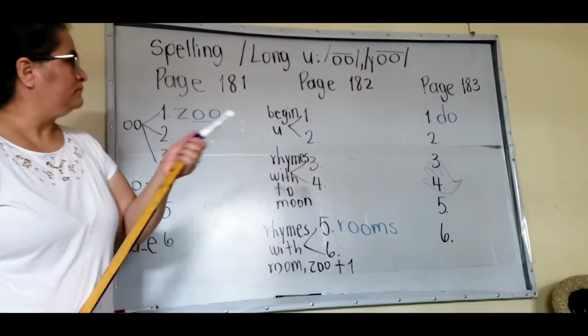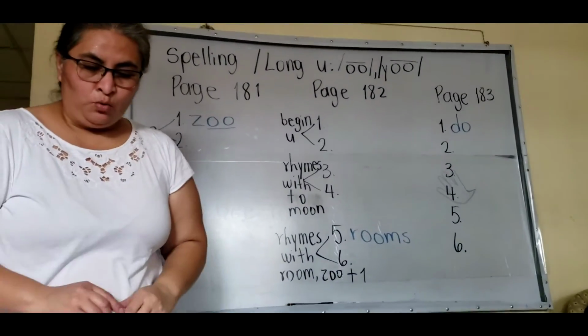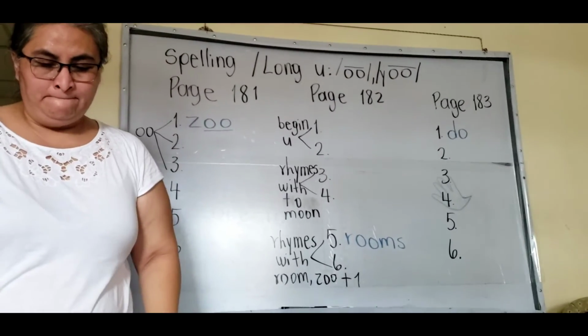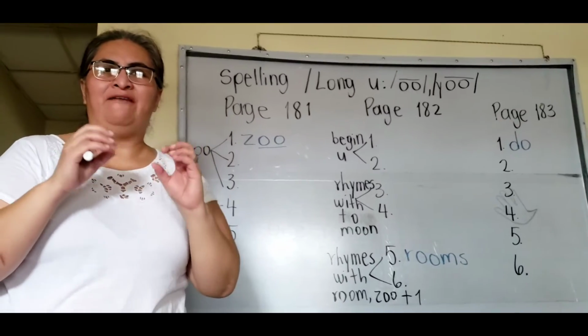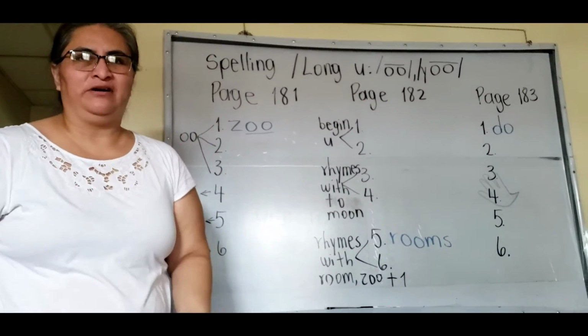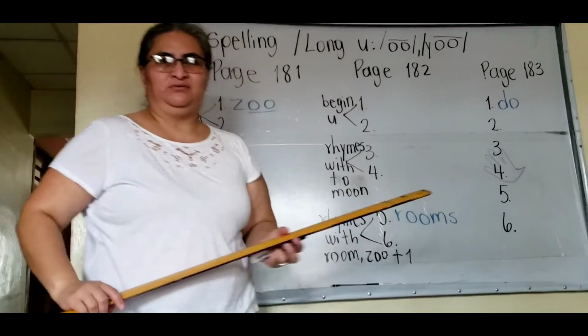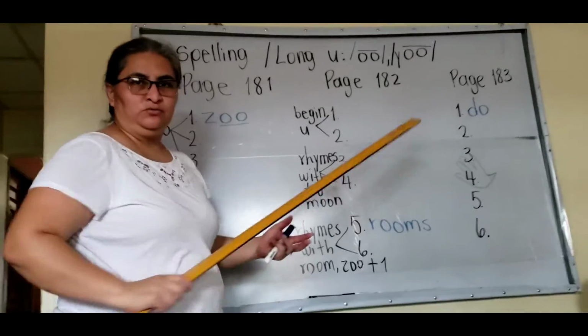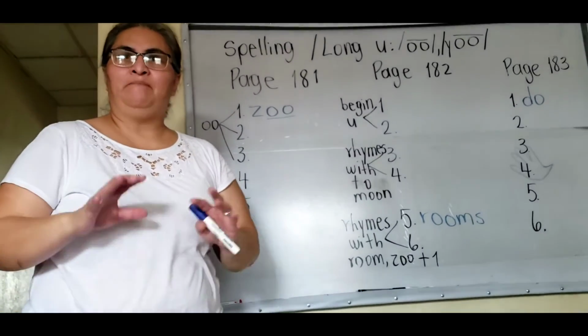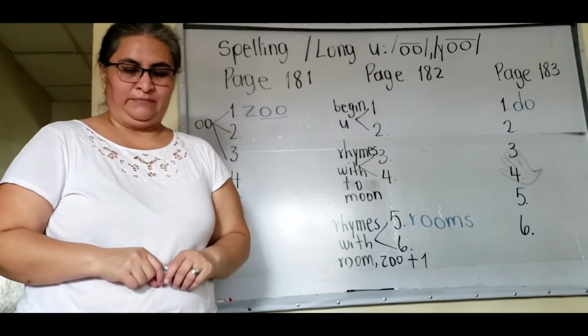Now, number 2, it is a place where you have animals. You need to choose the word zoo in number 2, a place where we can find animals.